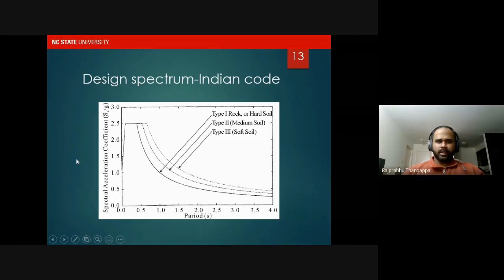So I would say these advanced studies which we discussed earlier have not yet been implemented in India, because we need site-specific seismic hazard analysis and we need a lot of data analysis. So that's why we have the impact of soil in these graphs.